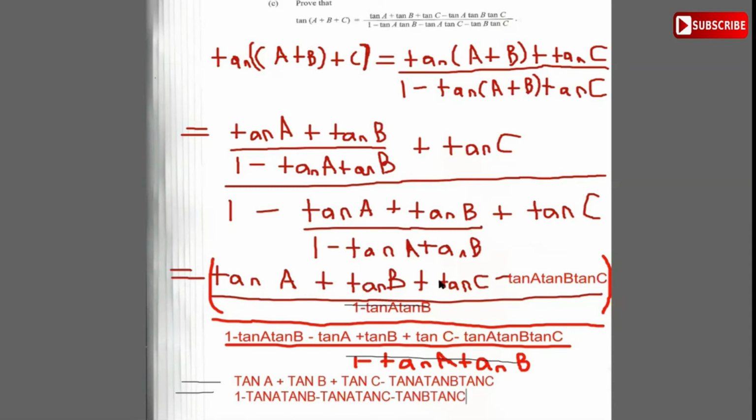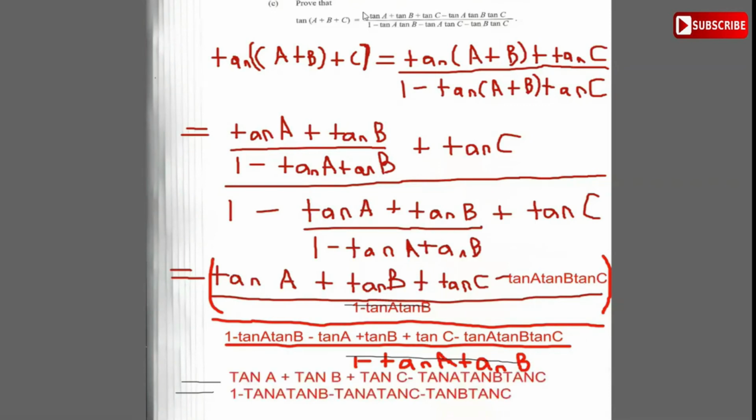All right, nice and easy. See here the tan C is positive, then you have the tan A tan C, tan A tan B. All right, then that proves it. And this is how you prove the right hand side.